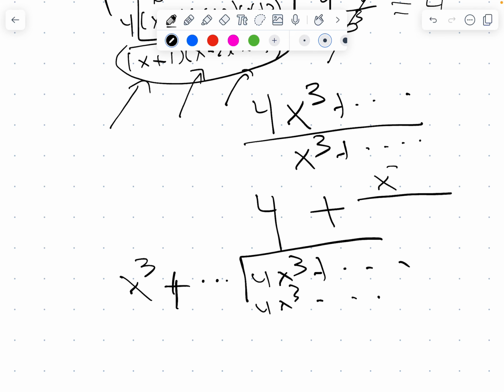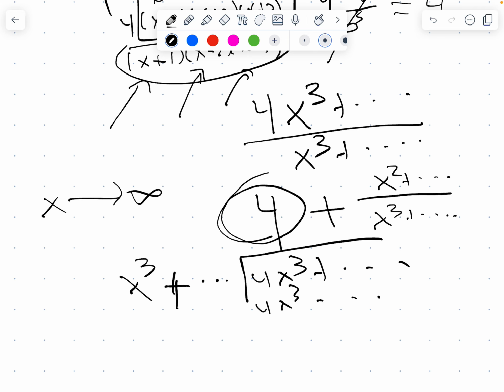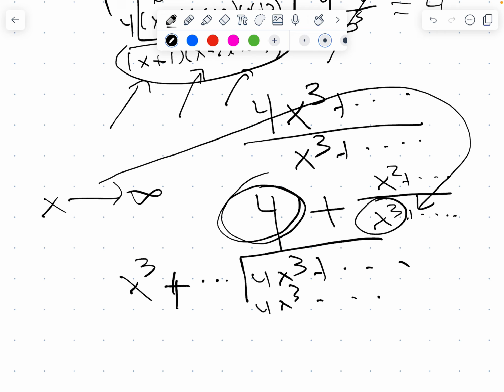This is going to be an x squared something over x cubed something, something. So as x approaches infinity, that 4 will always be 4. If you plugged infinity into this one, then you have infinity cubed on the bottom, which is going to be so much bigger than the infinity on the top that this one is going to tend towards 0. And that 4 is just going to stay there. So if you did the long division, you'd see the 4.